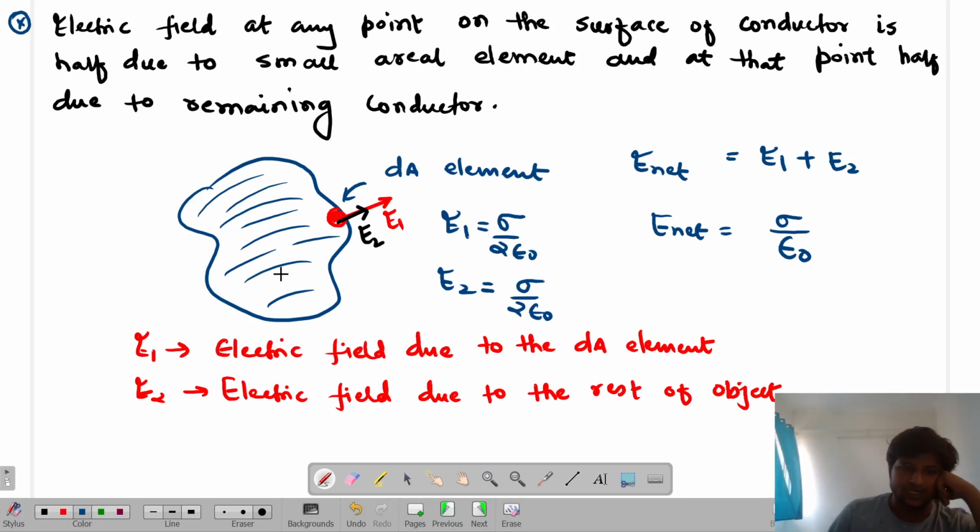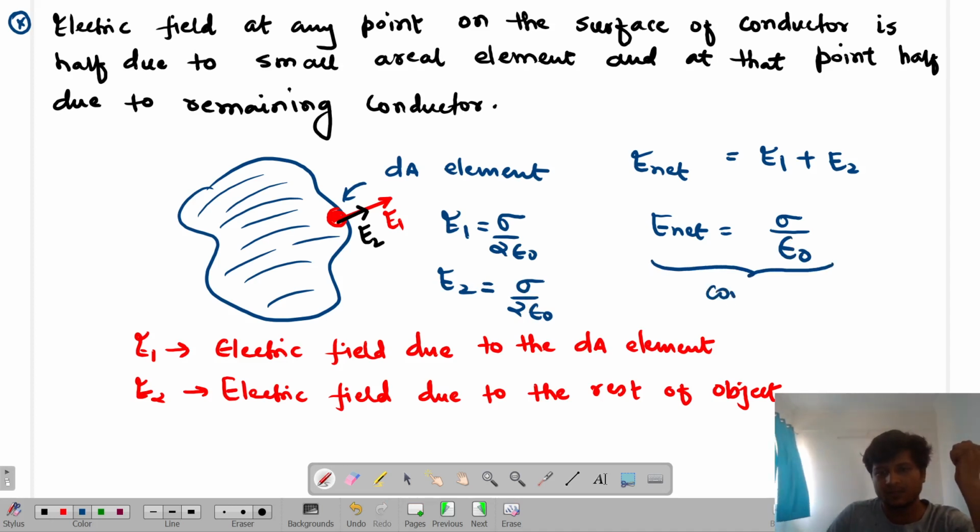So there are two parts. First thing is the dA element, and then there is this whole remaining element. The point was to distribute this because I wanted the electric field for this whole object. So even if we consider a small element, the electric field is constant, which is sigma by 2 epsilon naught, and even if we consider the rest of the element, it is sigma by 2 epsilon naught, and that is why the net electric field is sigma by epsilon naught, which is also a constant.